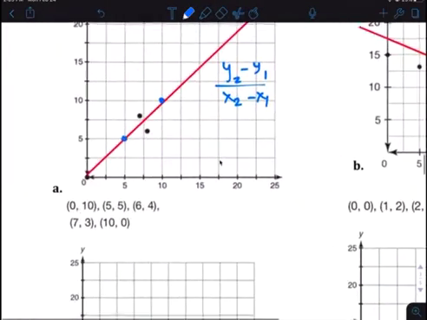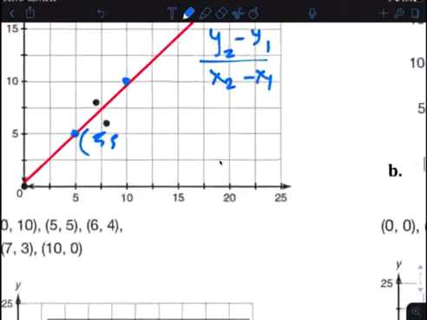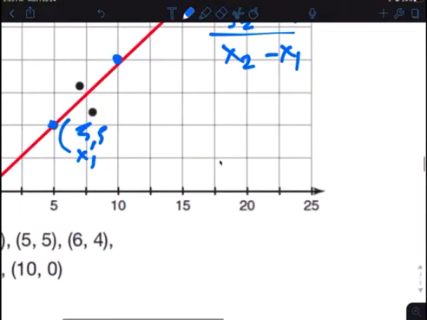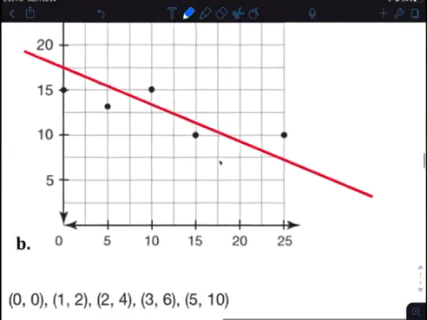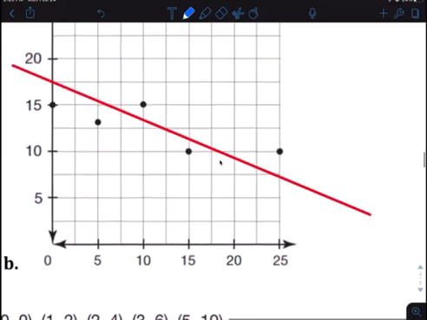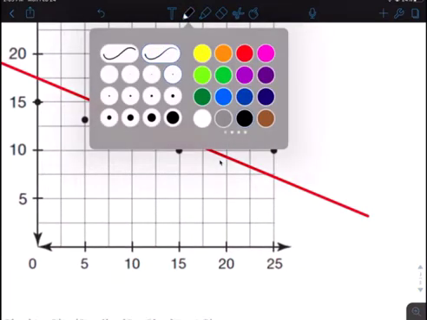You can choose points that hit the lines right there, and use that as your x sub 1. So this is 5, 5, x sub 1, y sub 1, and 10, 10 is x sub 2, y sub 2. In my case I did not pick one that's on the dots, so I can choose a dot.